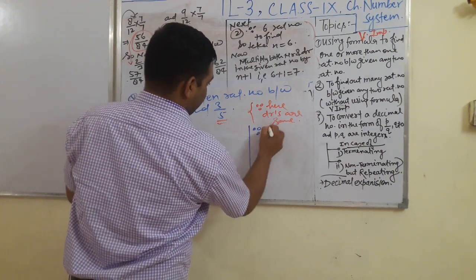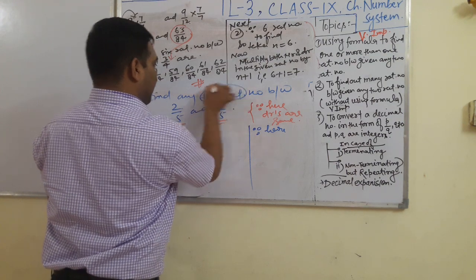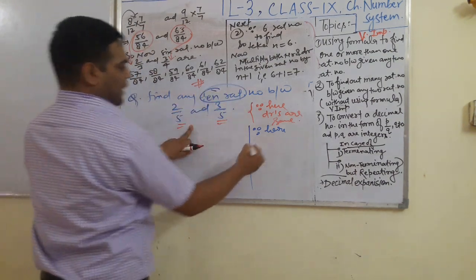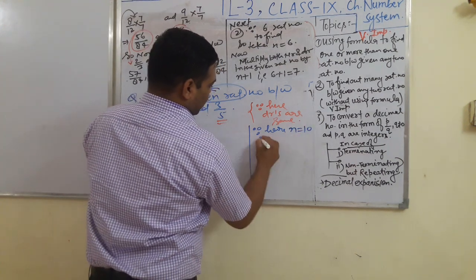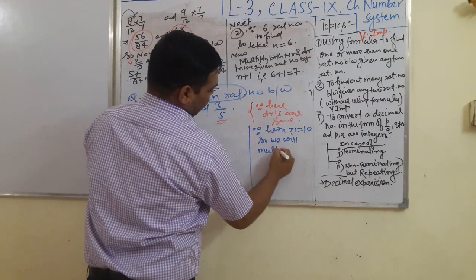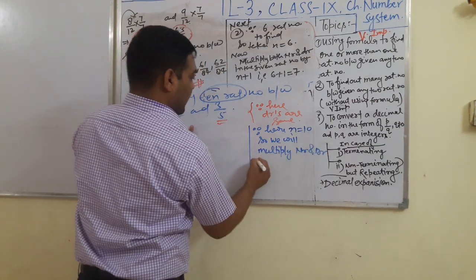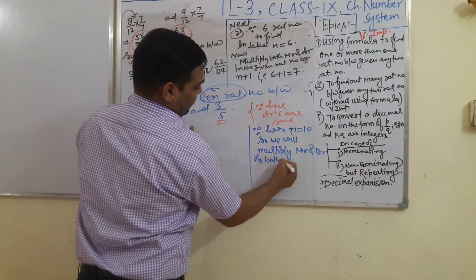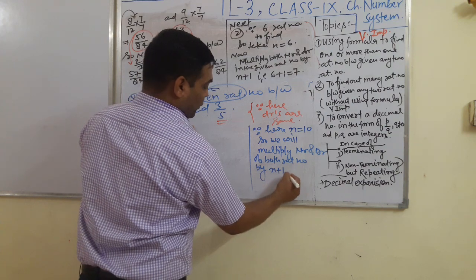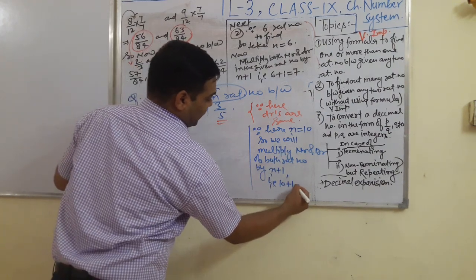Since here n equals 10, because we have to find 10 rational numbers between these 2 given rational numbers, so we will multiply the numerator and denominator of both rational numbers by n plus 1. That is here 10 plus 1, which is 11.